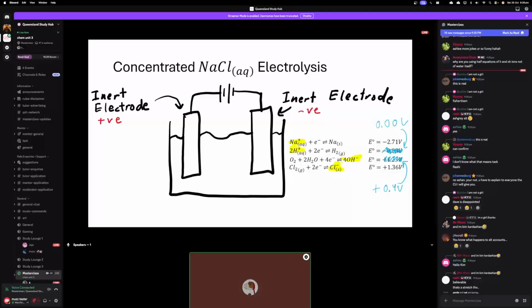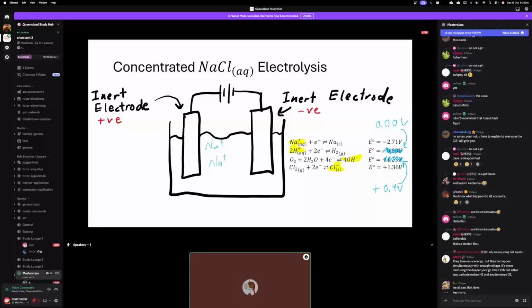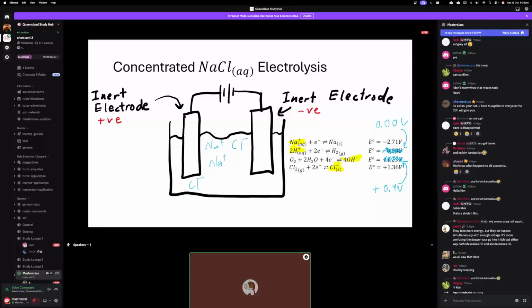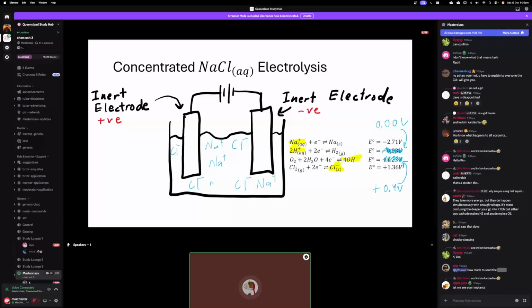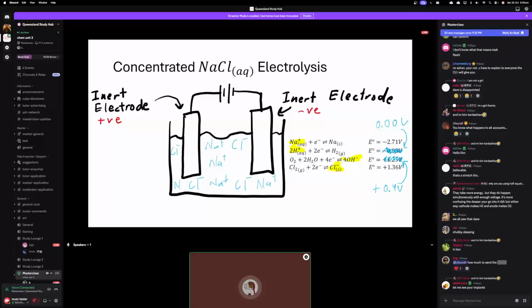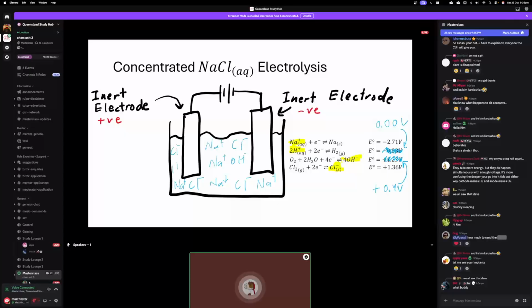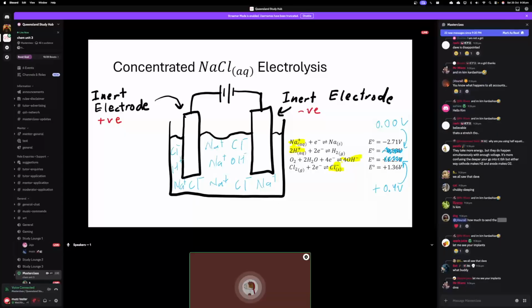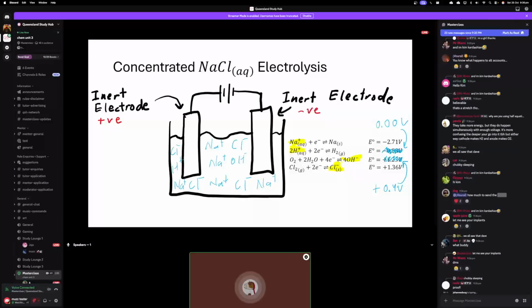Okay. Something interesting happens in concentrated sodium chloride. The amount of Na+ ions and Cl- ions is a lot. They will end up greatly outweighing how much H2O there is, so how much OH- and H+. There's barely any compared to that. So something really important happens here, and this is just something you got to know.